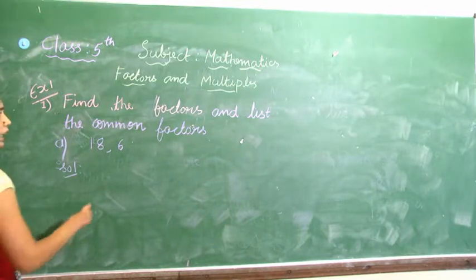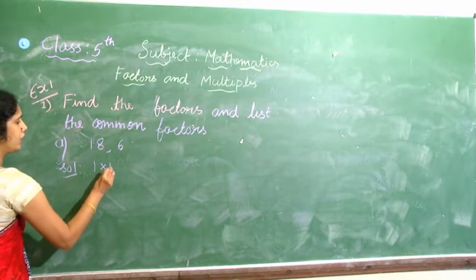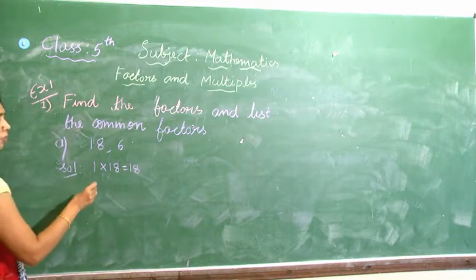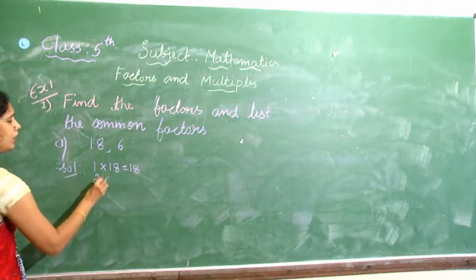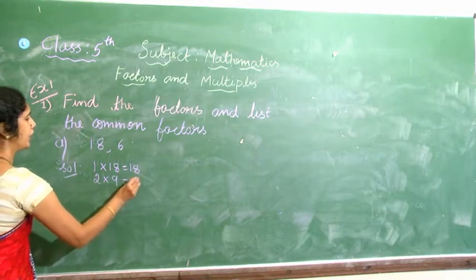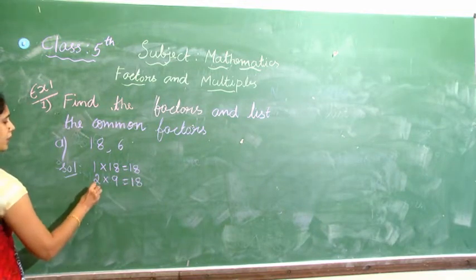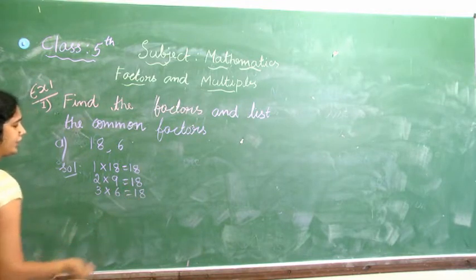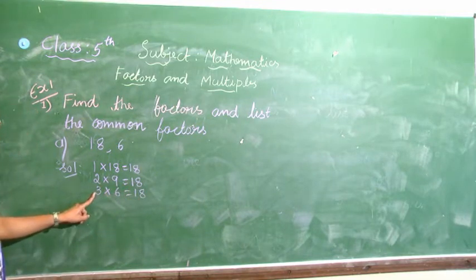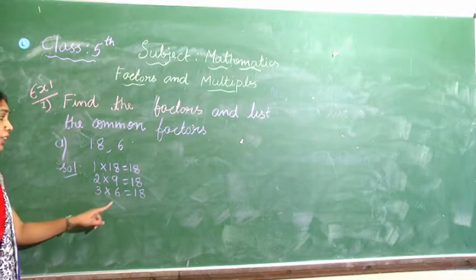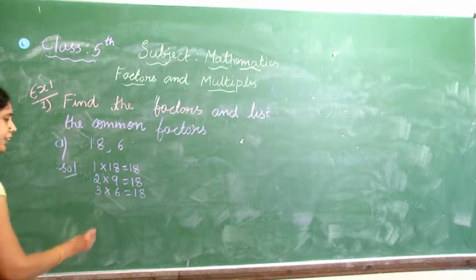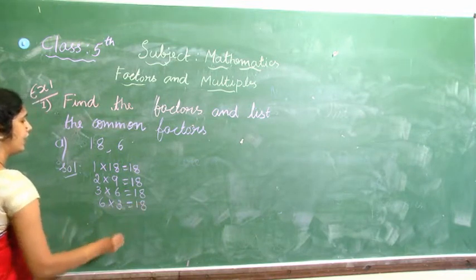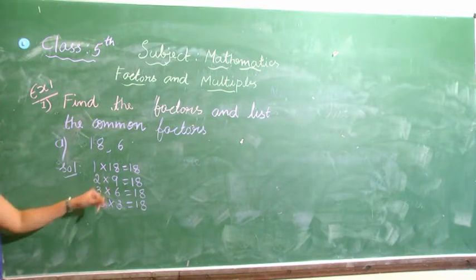It will come in the 1 table: 1 into 18 equals 18. Then in the 2 table: 2 into 9 equals 18. Then in the 3 table: 3 6s are 18. Then you can observe that it will not come in 4, 5. 3 6s are 18, I can write 6 3s are 18. Then 9 2s are 18.